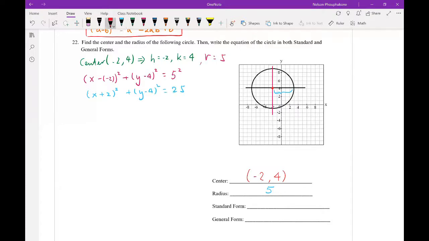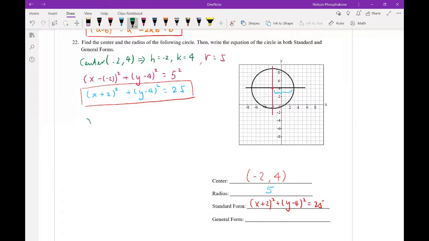Then this is the standard form. So let me write down the answer.